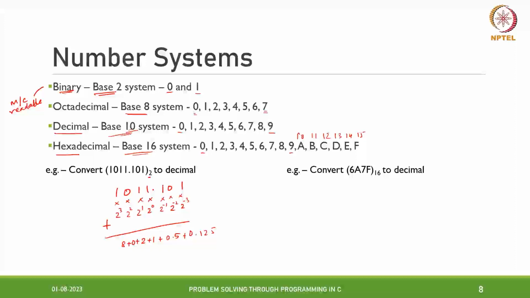I mean, this will be 0 and this will be 0.125. So you can calculate how much this comes out to be. You can get some 11.625 or something, right? So this is of base 10. So this is the decimal equivalent for this particular binary number.